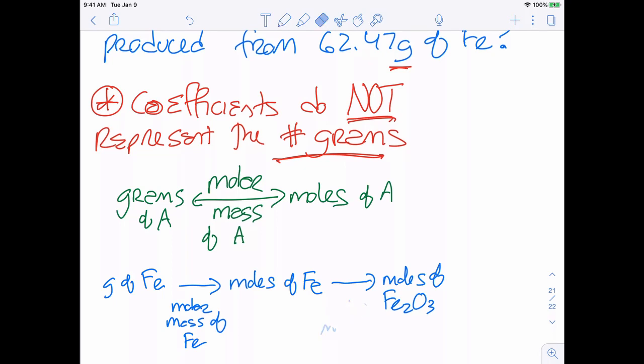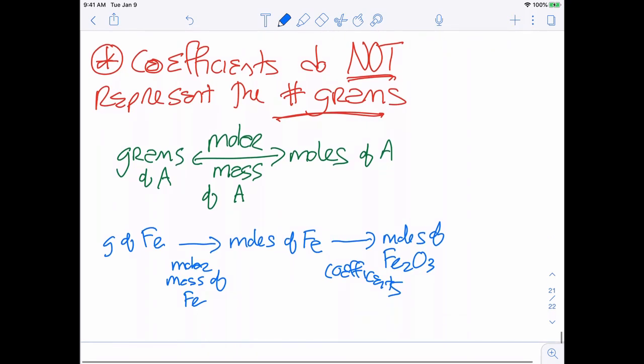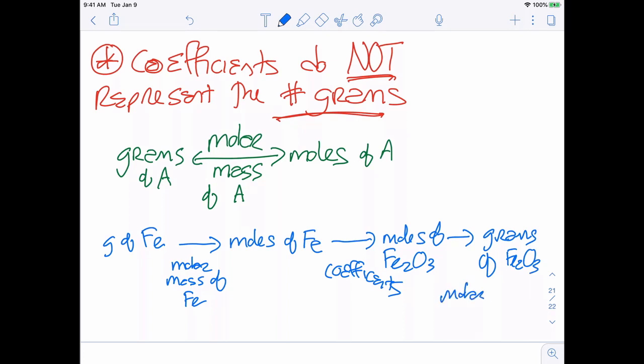Wow, I'm not off to a good start this morning. To do that, we will use the coefficients. Anytime you go from moles of one substance to moles of another, the coefficients are going to be that conversion factor. Once I get moles, then grams, and to do that, we will use the molar mass of iron 3 oxide.